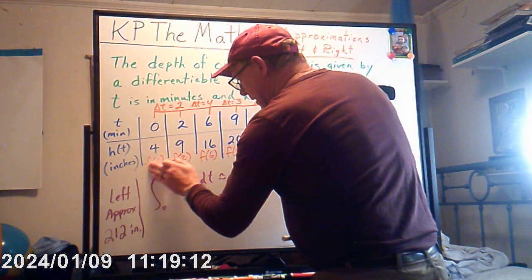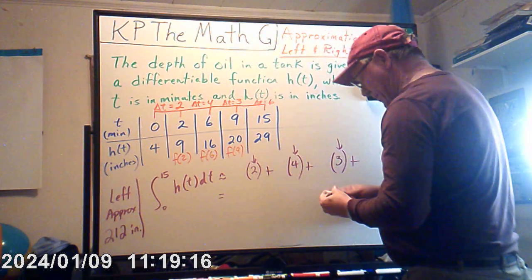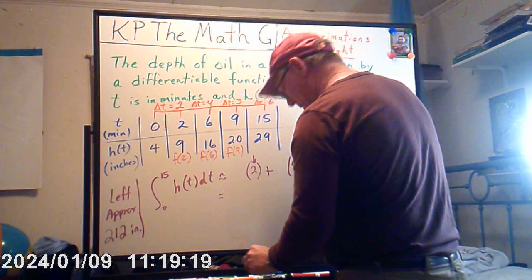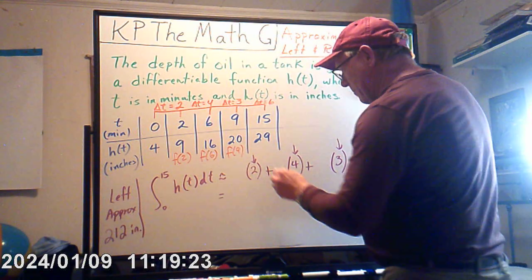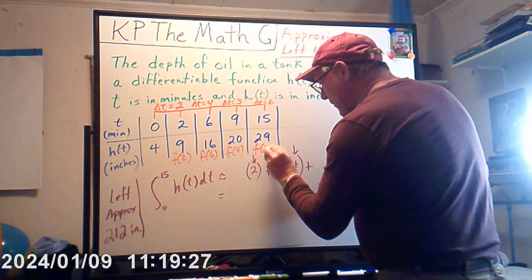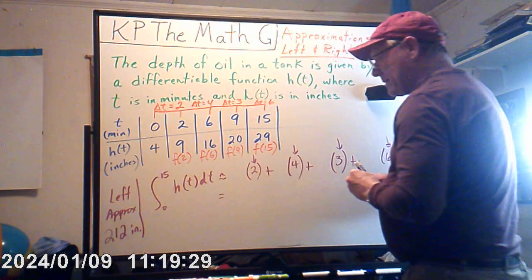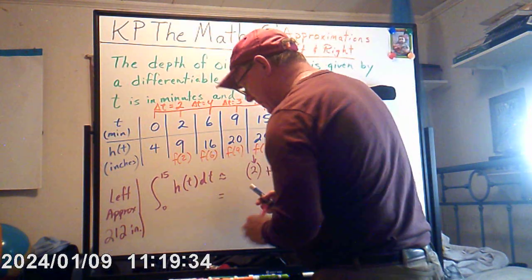Now I'm not looking at F at 0. I am looking at F at 2. Let's see. I think I had this in red. I have so many of these pens here. Now I'm looking at F at 15. Alright, this is now the right approximation.